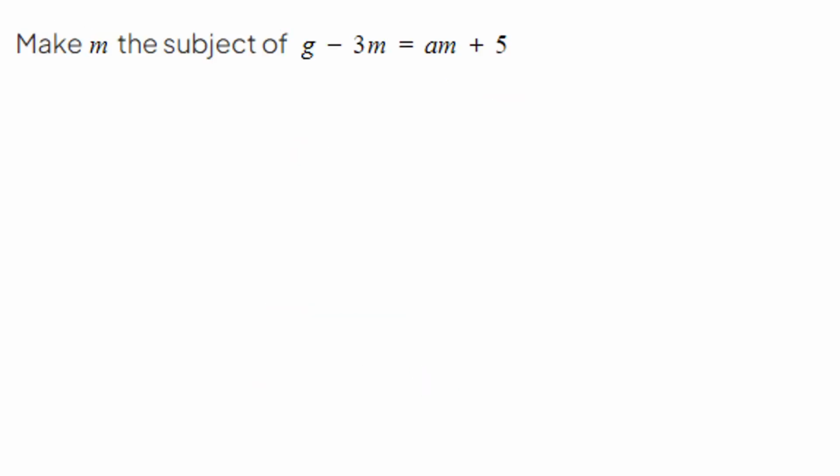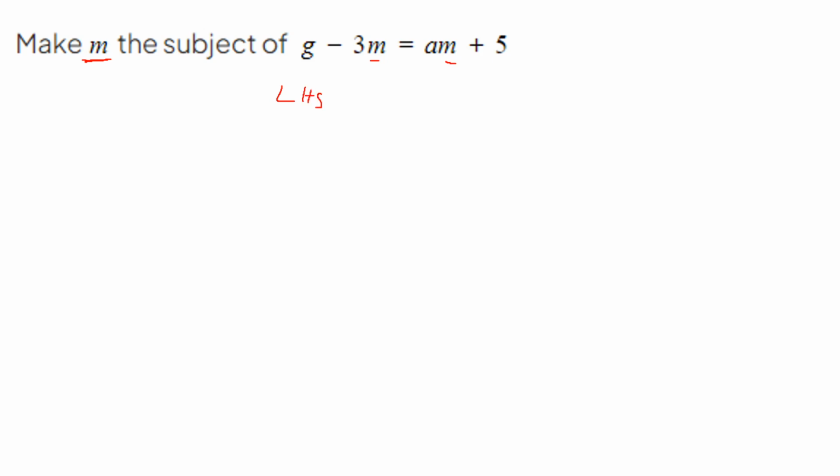But what about if we have m's on both sides and we're told to make m the subject? Well, this is again exactly the same as how we did those multiple step equations. Okay, let's look at this left hand side, right?